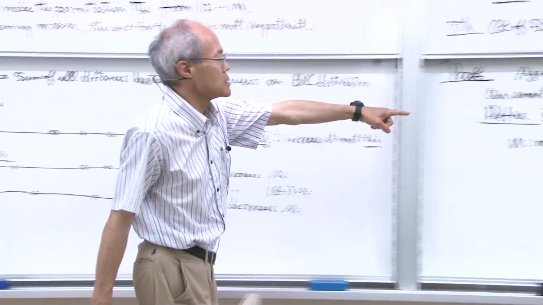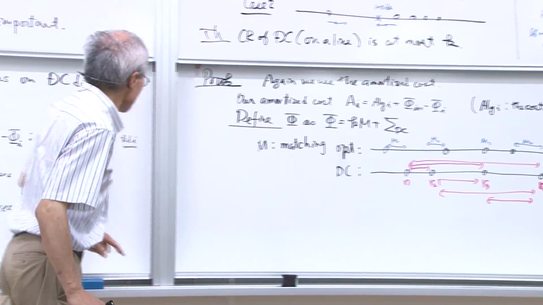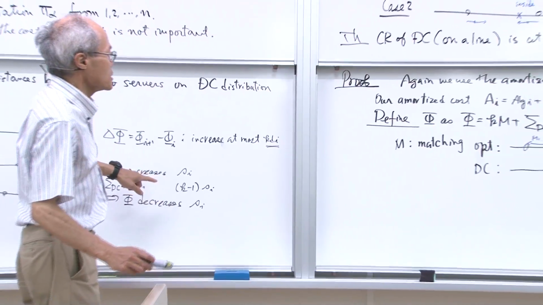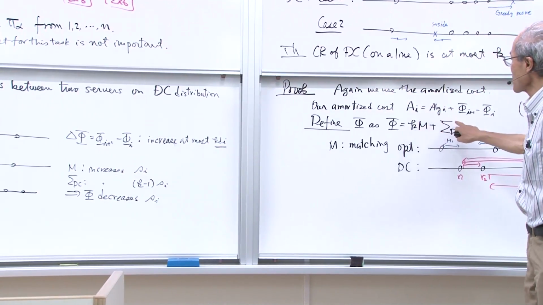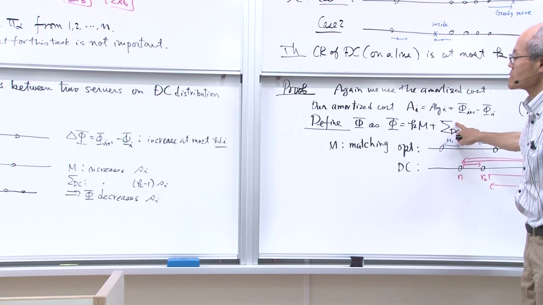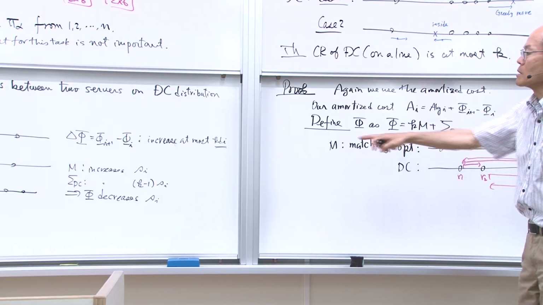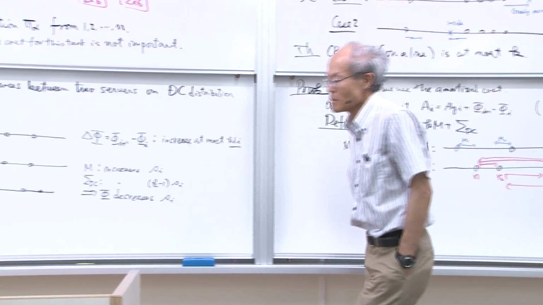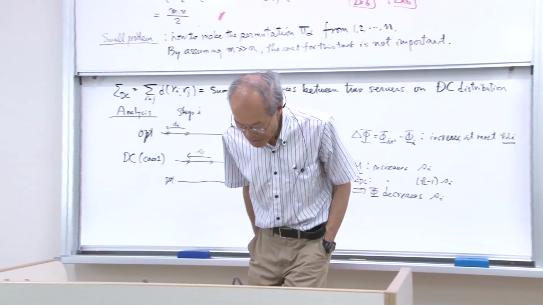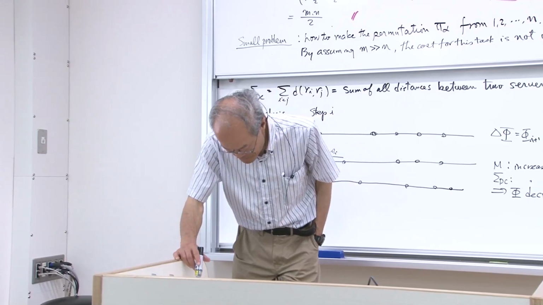Then what is this phi? M decreases by s_i, and this (k minus 1) s_i increases. Then phi decreases by s_i. Something strange.